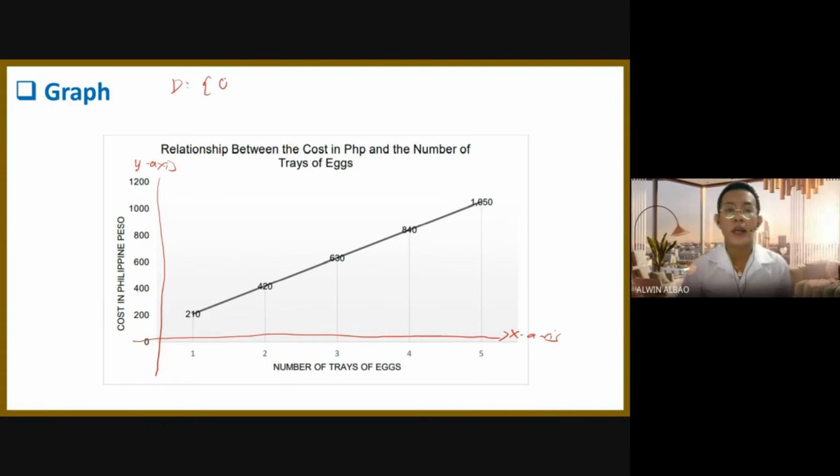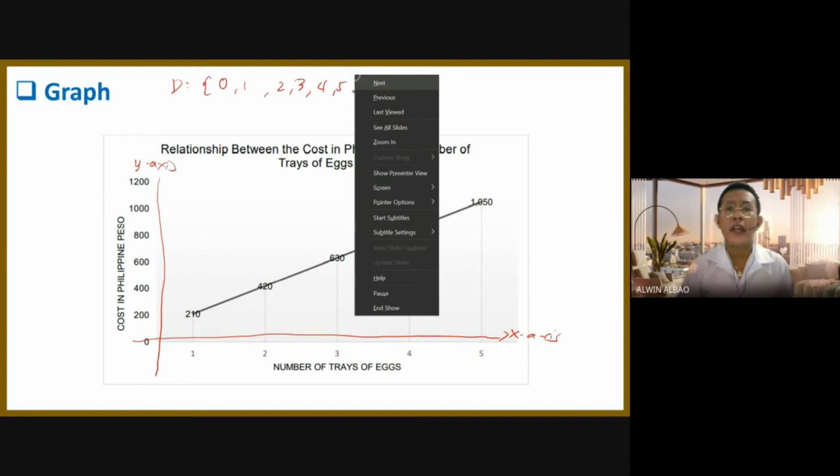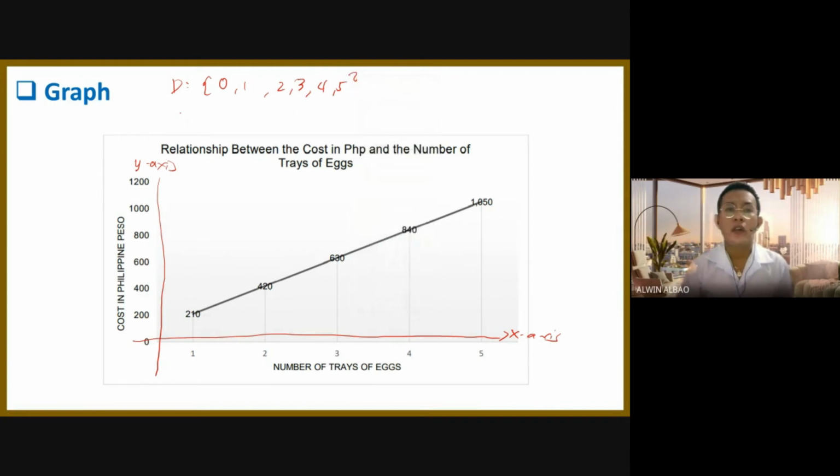So, we have 0, 1, 2, 3, 4, and 5. While our range natin, the given from the y-axis. So we have 0, 200, 400, 600, 1,000, and 1,200. So yan na ngayon yung ating range. Okay, so ganyan natin kinukuha yung domain and range sa graph natin.